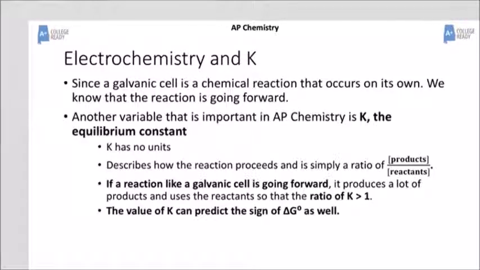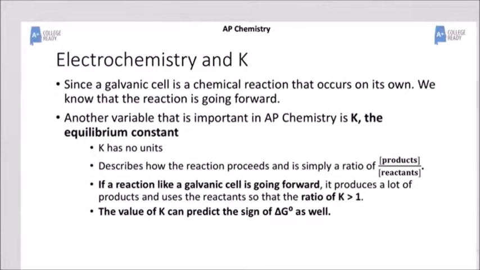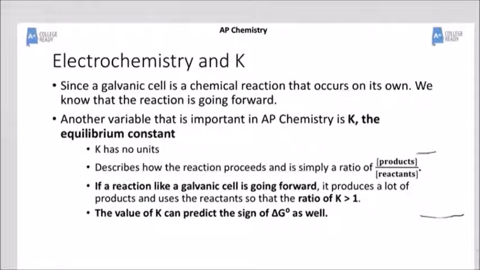Now I know we've seen this before and we called it Q, okay, and again the products and the reactants both are raised to the coefficient in the balanced chemical equation. Okay, so both of these could be raised to a value based on coefficients.